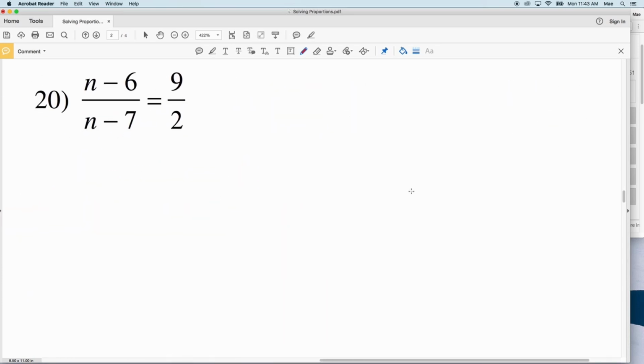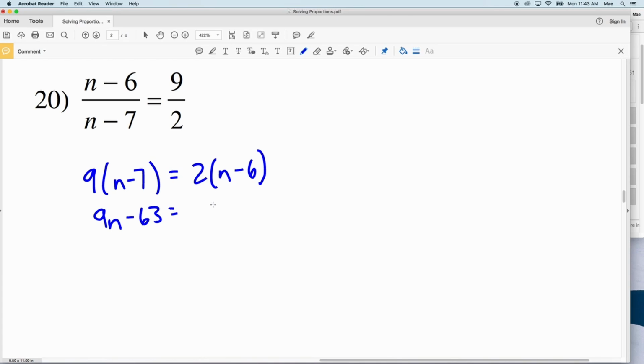And lastly, on this worksheet, number 20. We're cross multiplying, so we have 9 times n minus 7, and that's equal to 2 times n minus 6. Denominator times the other numerator, and then denominator times the other numerator. So 9 times n is 9n, minus 9 times 7 is 63, and that's equal to 2 times n, which is 2n, minus 2 times 6, which is 12.